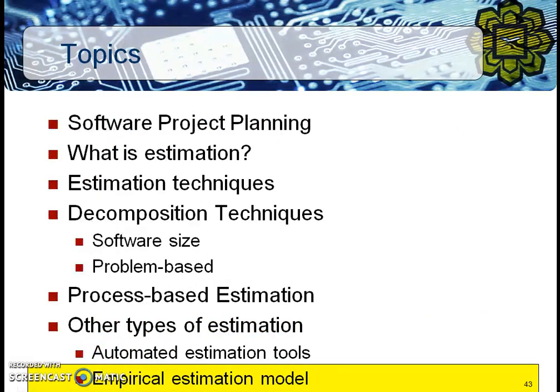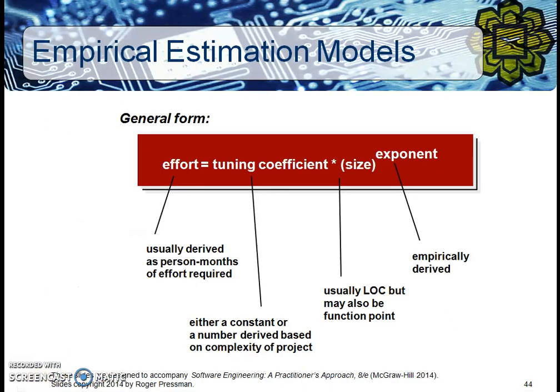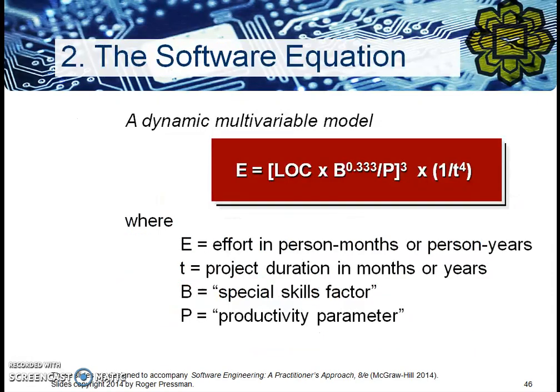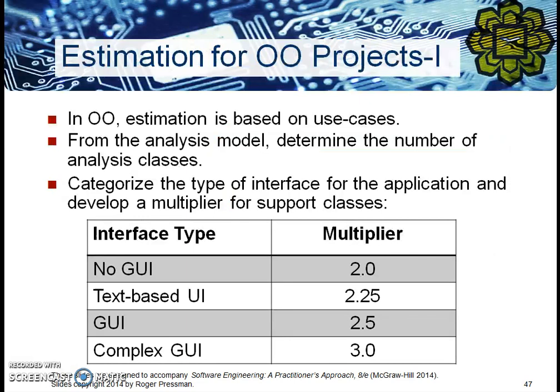And finally, the empirical estimation model. This one uses formulas to calculate the estimated values. One example is COCOMO, and we can also use the software equation. Another example is estimation for object-oriented projects.